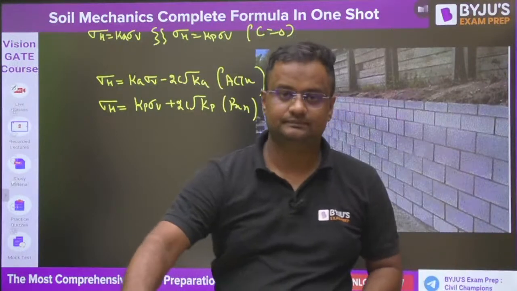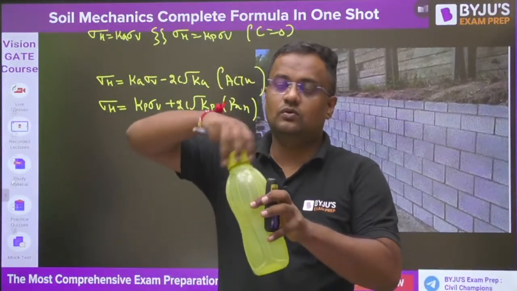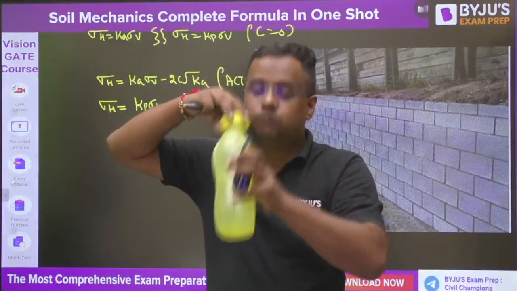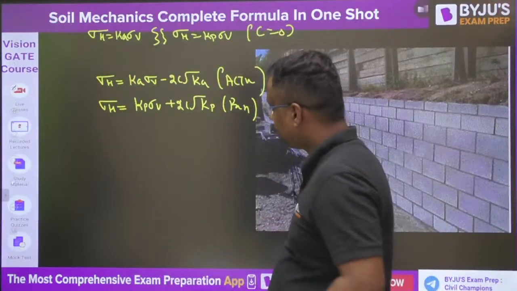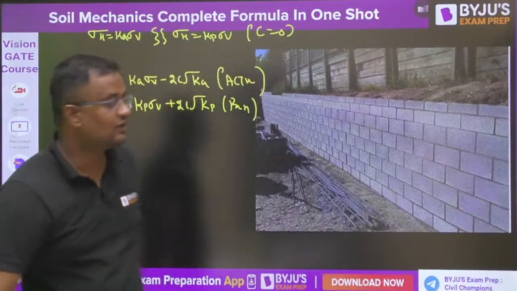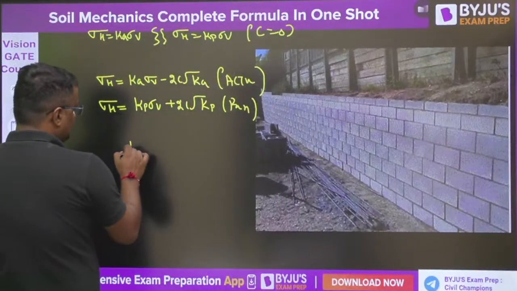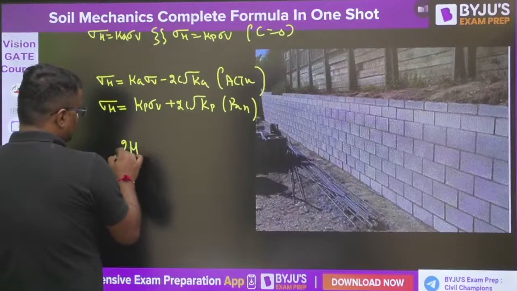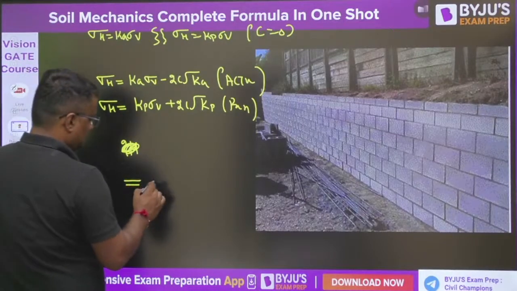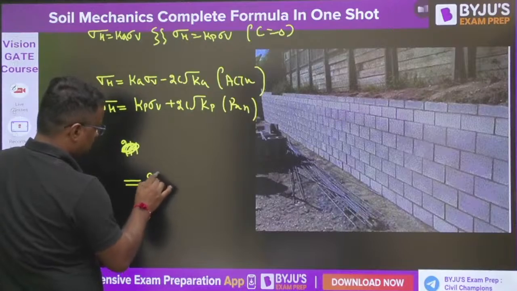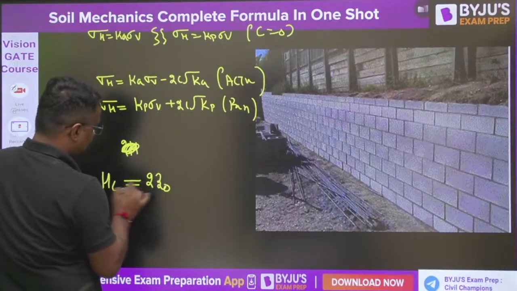Okay, friends. Now, the depth of excavation up to which we can excavate without failure is 2z naught, the critical height.